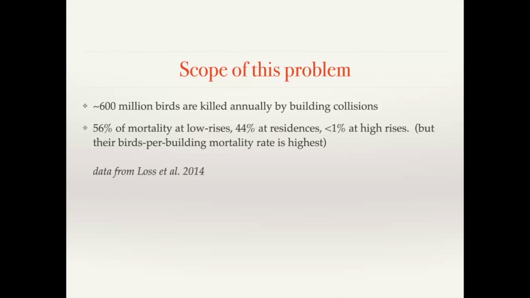However, we'll see one example of this: there are times when the events of mortality are catastrophic. There are lots of birds that will hit a high-rise building at one time, unfortunately. So we'll talk a little bit about window reflectivity or transparency, and why birds really don't understand glass and why they try to fly through.